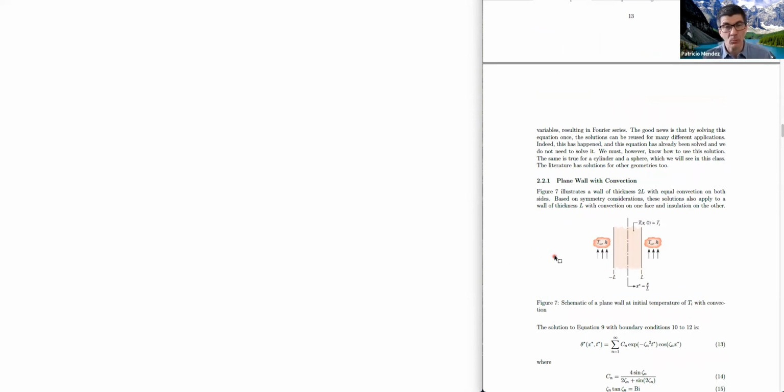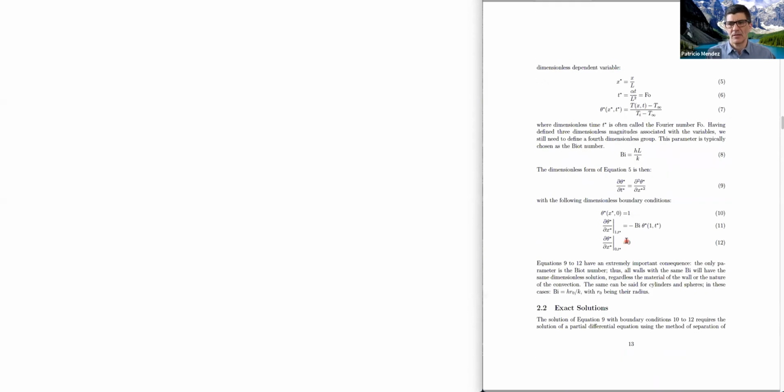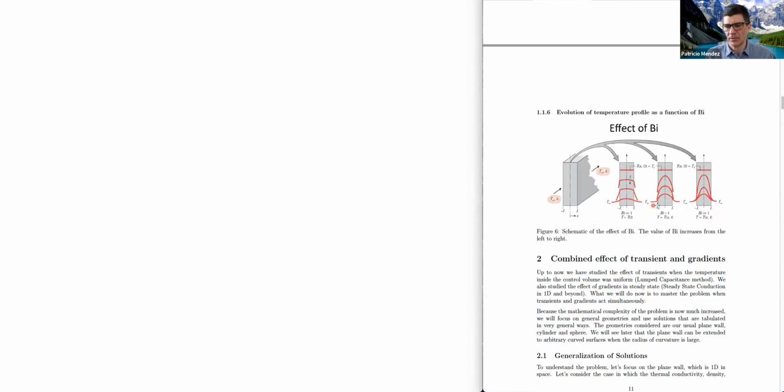Why? And we did discuss this last class. In the axis of symmetry, we have no heat transfer. If we were to look, for example, at the temperature profiles, the slope in the center is always 0. And if the slope is 0, heat transfer by conduction, which is proportional to the slope, is 0 because it's proportional to a 0 slope.